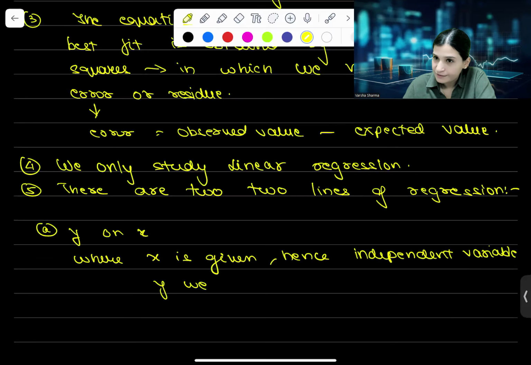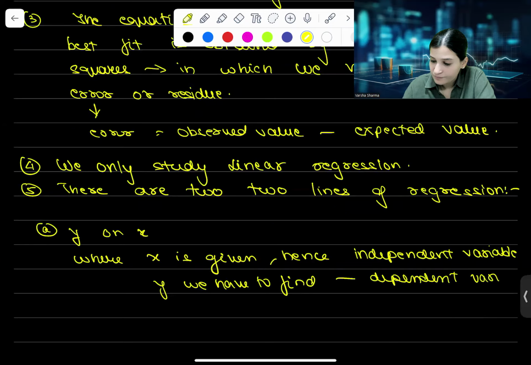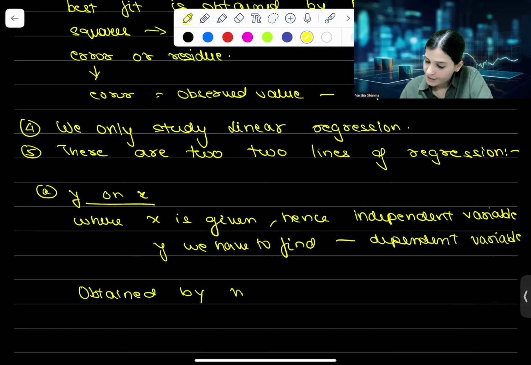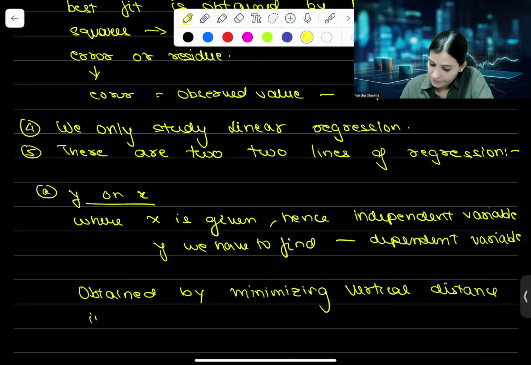Y we have to find, so the dependent variable. This is obtained by minimizing vertical distances in the scatter diagram.